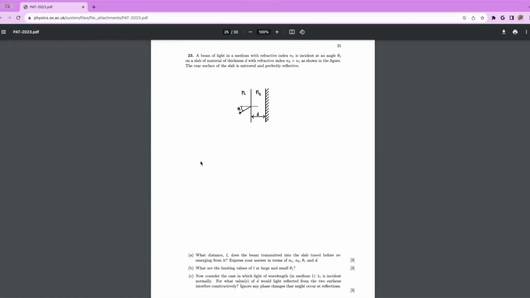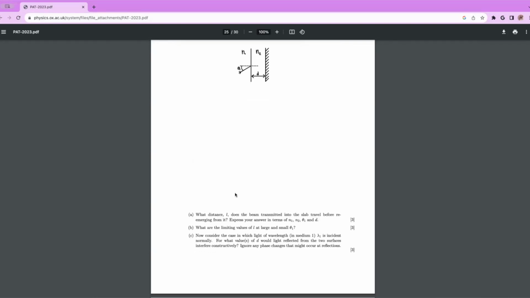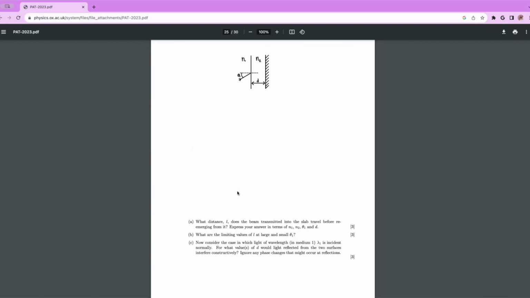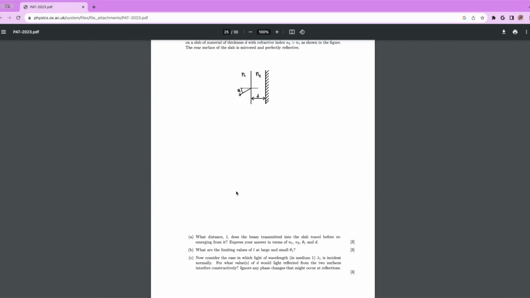The rear surface of the slab is mirrored and is perfectly reflective. What distance L does the beam transmitted into the slab travel before re-emerging? Express your answer in terms of n1, n2, θ1, and d.